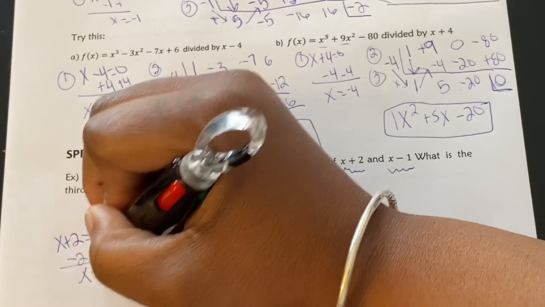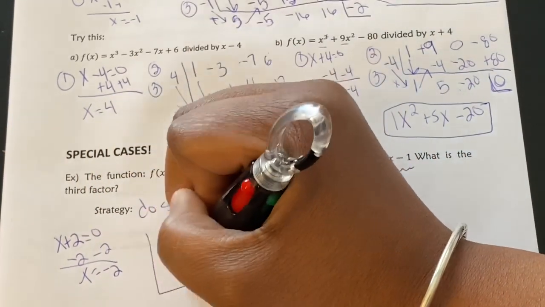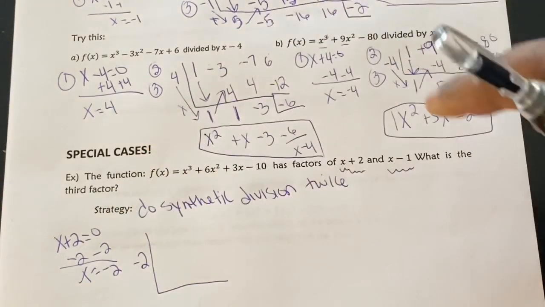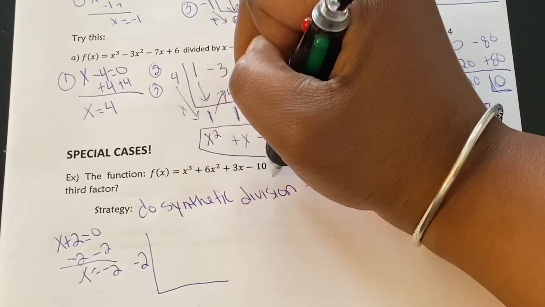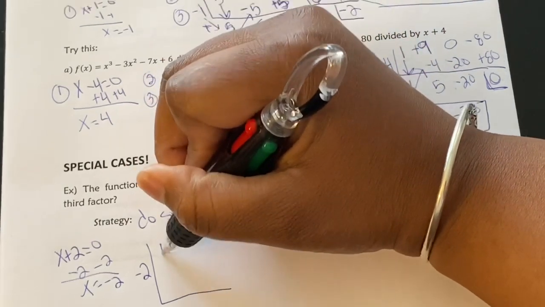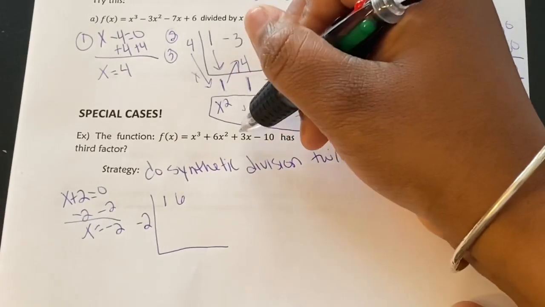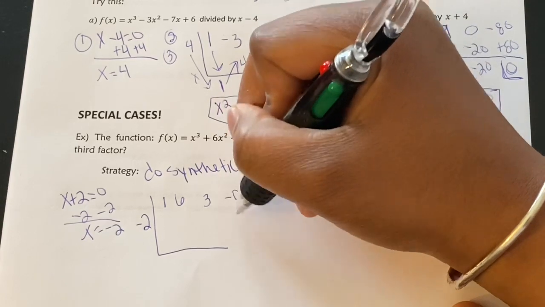X equals -2. Okay, I'm going to do my L. Put that -2 on the outside here. On the top, I'm going to have my coefficients. Make sure I'm not missing any. So it's going to be 1, 6, 3, and -10.